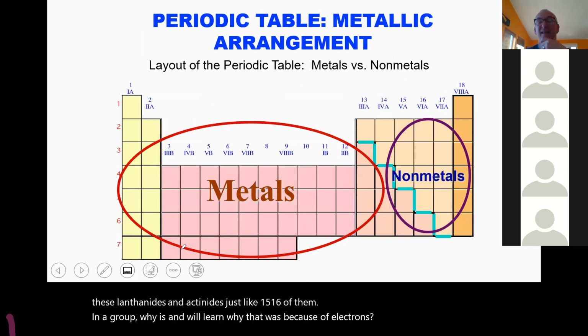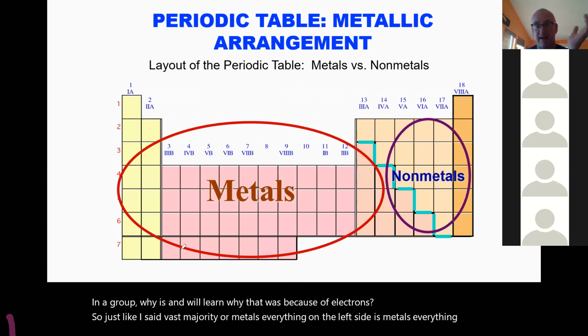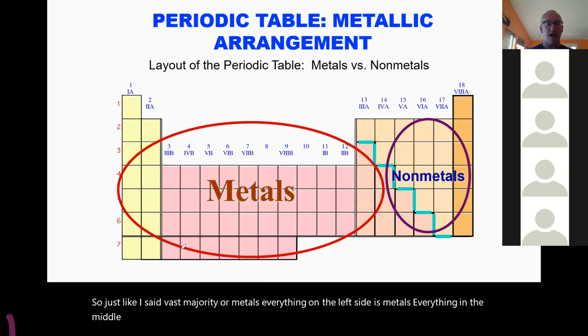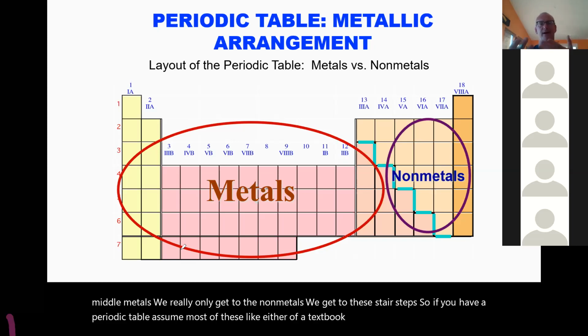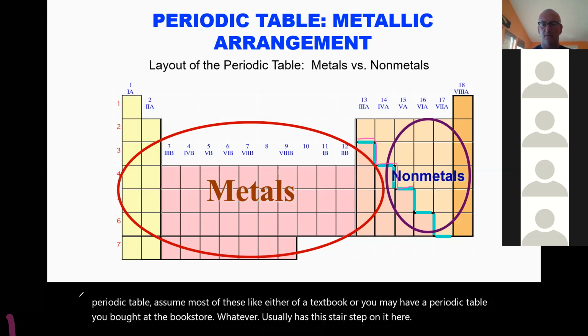So just like I said, the vast majority are metals. Everything on the left side is metals. Everything in the middle, metals. We really only get to the non-metals when we get to these stair steps. So if you have a periodic table, I assume most of you either have a textbook or a periodic table you bought at the bookstore, it usually has this stair step on it. This one right here.